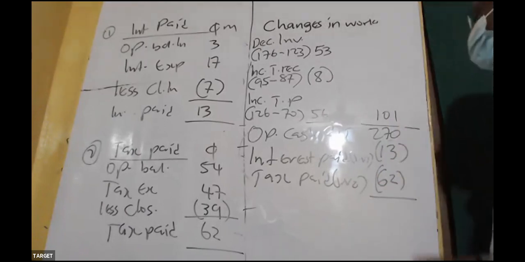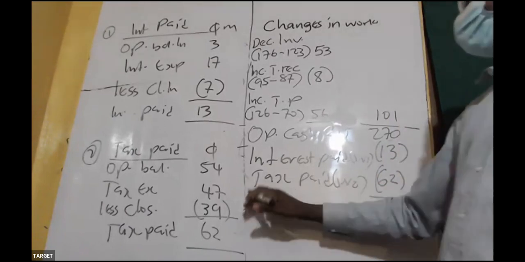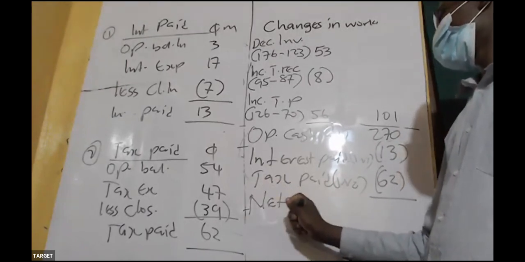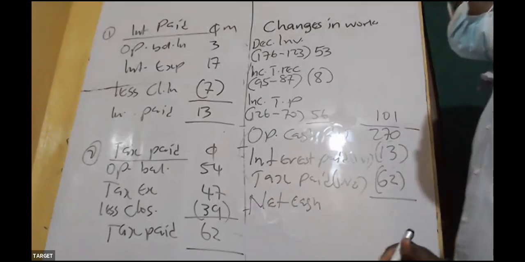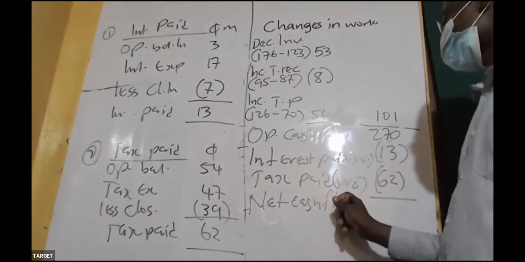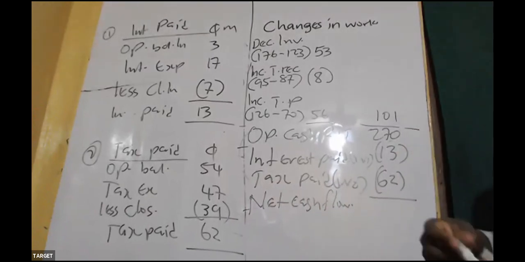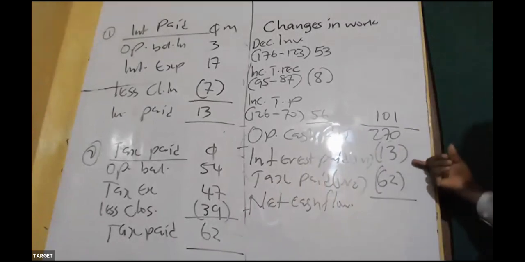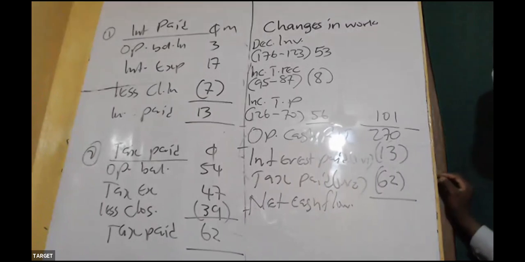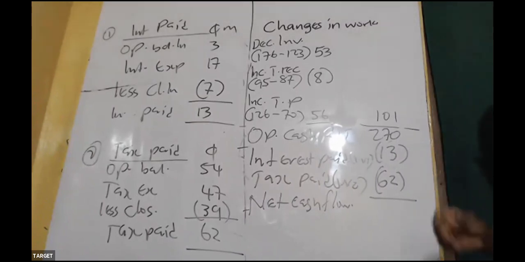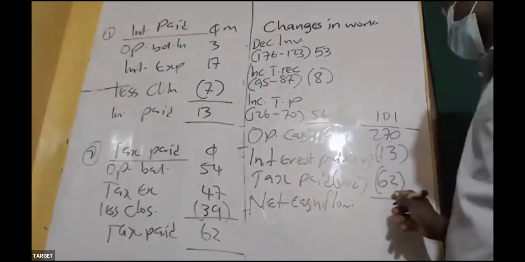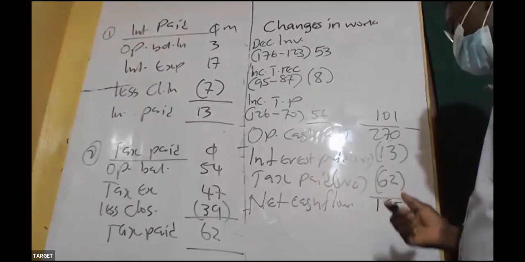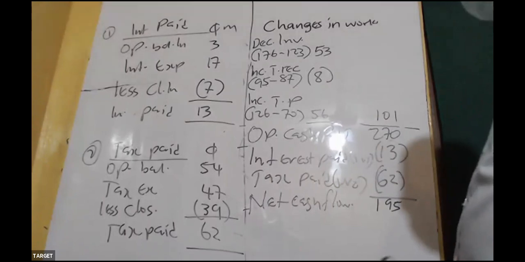Now, when you sum them up, what will be your net cash flow from operating activity? So 270 minus 30 minus 62. Answer: 195. Okay, so 195.